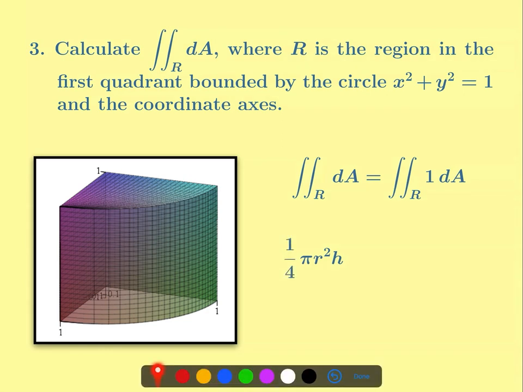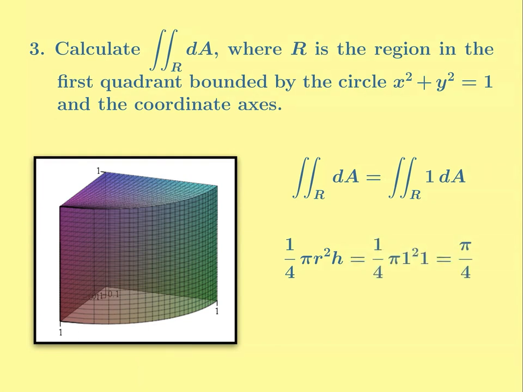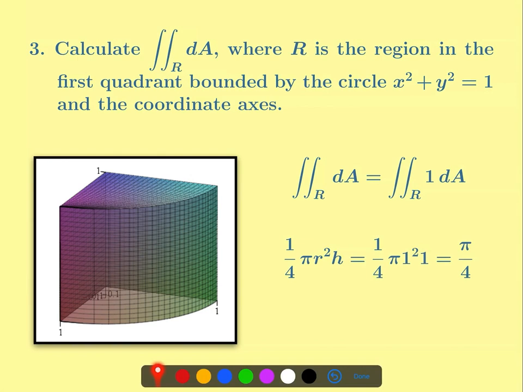We want 1/4 of that because we only are in the first quadrant for our circle, or the first octant for our cylinder. So it's 1/4 pi times 1 squared times 1, or just pi fourths. So pi fourths is the volume of this solid.